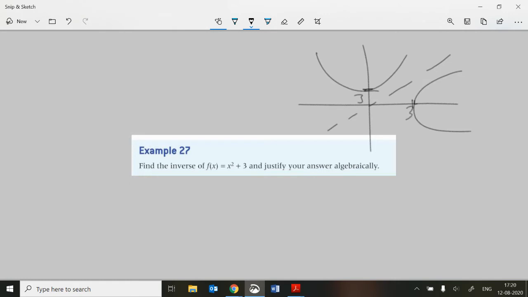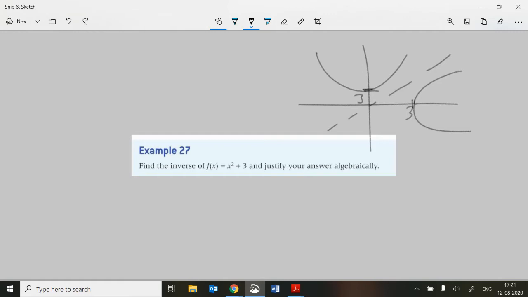Now the problem with the reflection is that this is now becoming a one-to-many graph. So in fact, it's 2 functions. There's a bit of an issue with this question to start off with, because they really need to state the domain to make it a one-to-one function in order that it has an inverse.